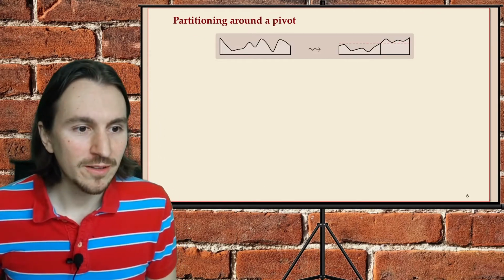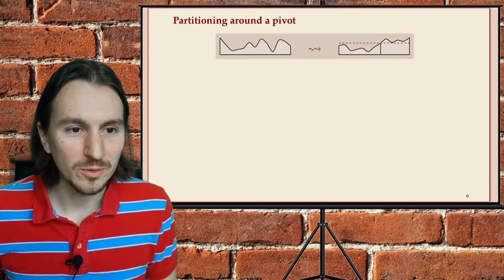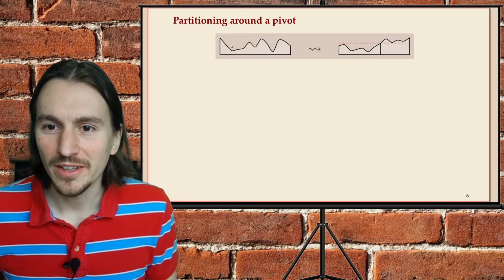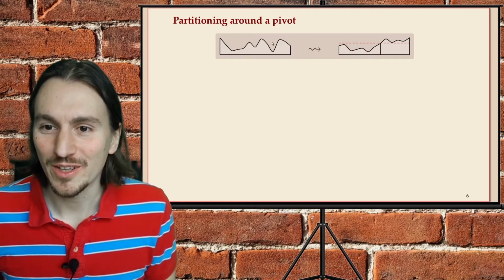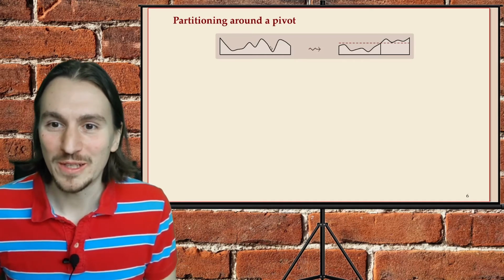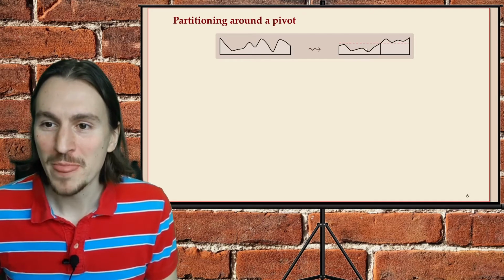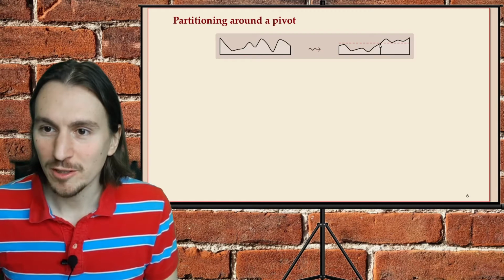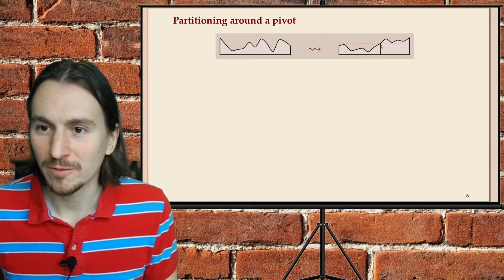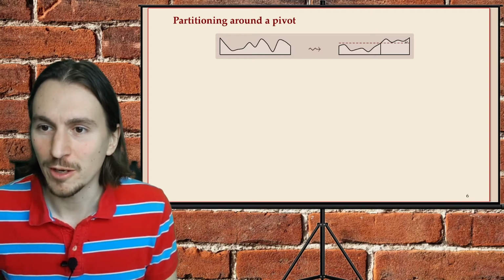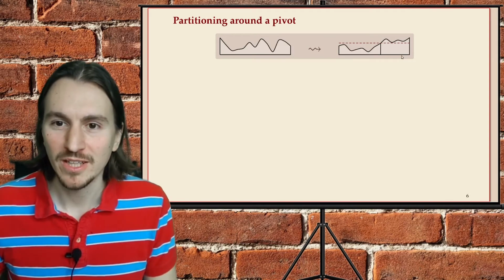So again, pictographically, what Quicksort does is called partitioning. And I'll show it like this. So you have a completely unsorted list. There it can go arbitrarily up and down. After partitioning, there is a pivot point here where if you're on the left, you're below the dashed line, and if you're on the right, you're above the dashed line.